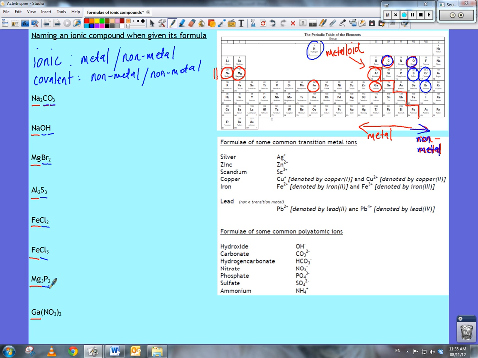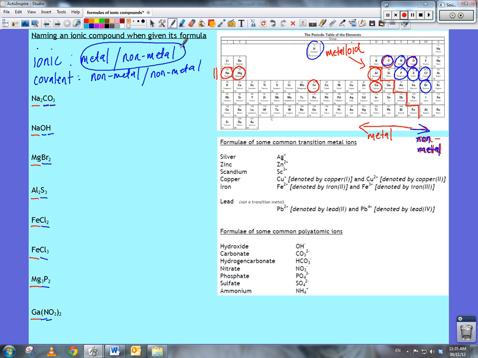P, phosphorus, and NO, nitrogen and oxygen. So you can see that all of the second parts of our compounds are all non-metals. So indeed we're looking at compounds which are made up of metals and non-metals, so they are indeed ionic.